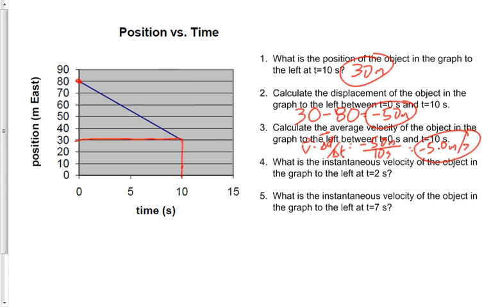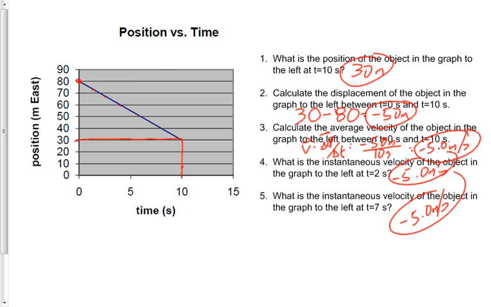So, if the constant average velocity between 0 and 10 is -5, then what's the velocity anywhere along that line if the velocity is constant between 0 and 10? -5. So the instantaneous velocity at 2 seconds is -5. What about the velocity at 7 seconds? Same thing, right? -5, because it's -5 everywhere along that stretch.